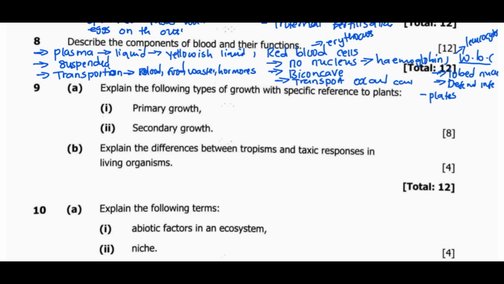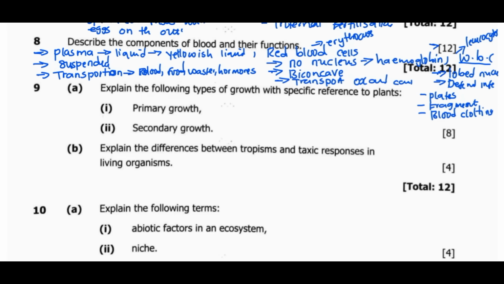Now platelets are considered to be just fragments of cells. Then the main function is for blood clotting. So if you are able to expand these points that I've shared with you guys, at least if you are getting 10, 11 marks, that's okay.